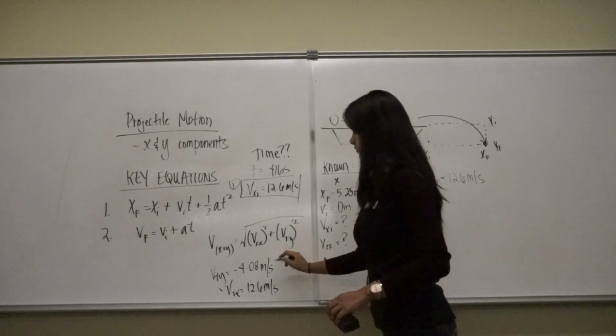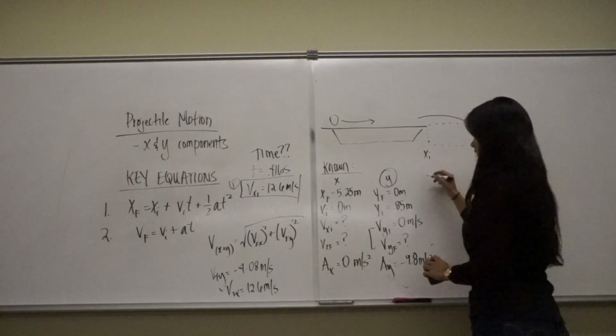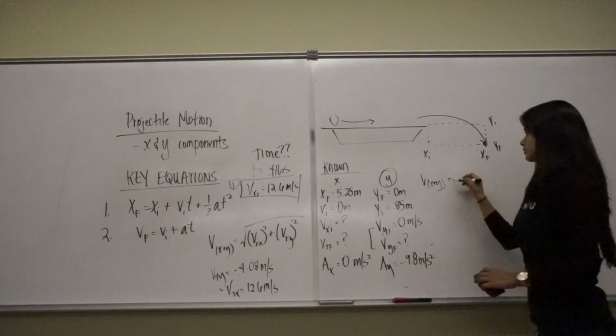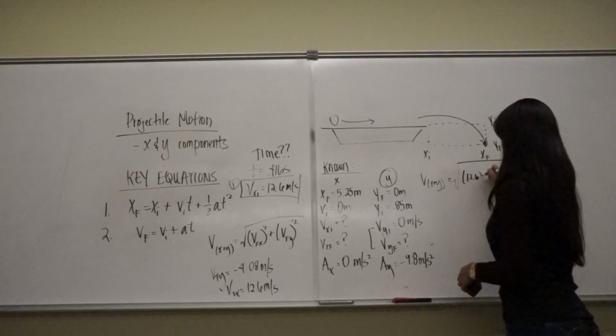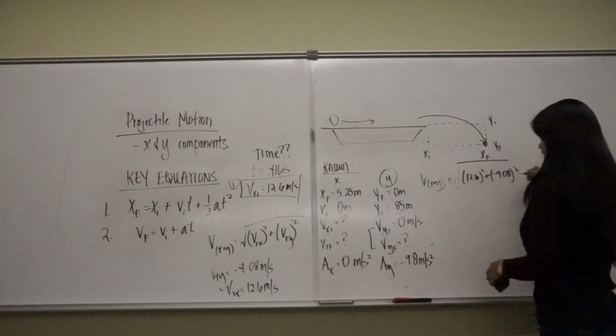All right, so I'm going to use these two to plug into this equation. So v x plus y equals the square root of 12.6 squared plus negative 4.08 squared.